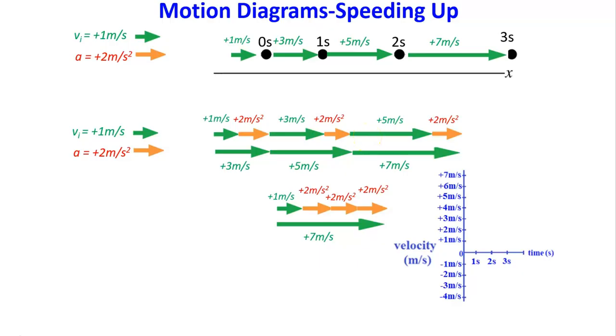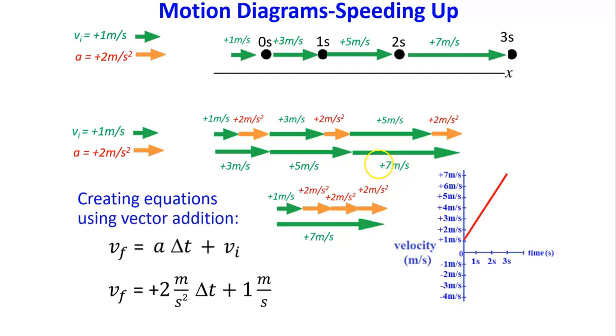Okay? In a velocity versus time graph, what this will look like is you start out with a positive 1 meter per second at 0 seconds, and at 3 seconds, you're moving at positive 7 meters per second. The slope of this line is your acceleration vector.